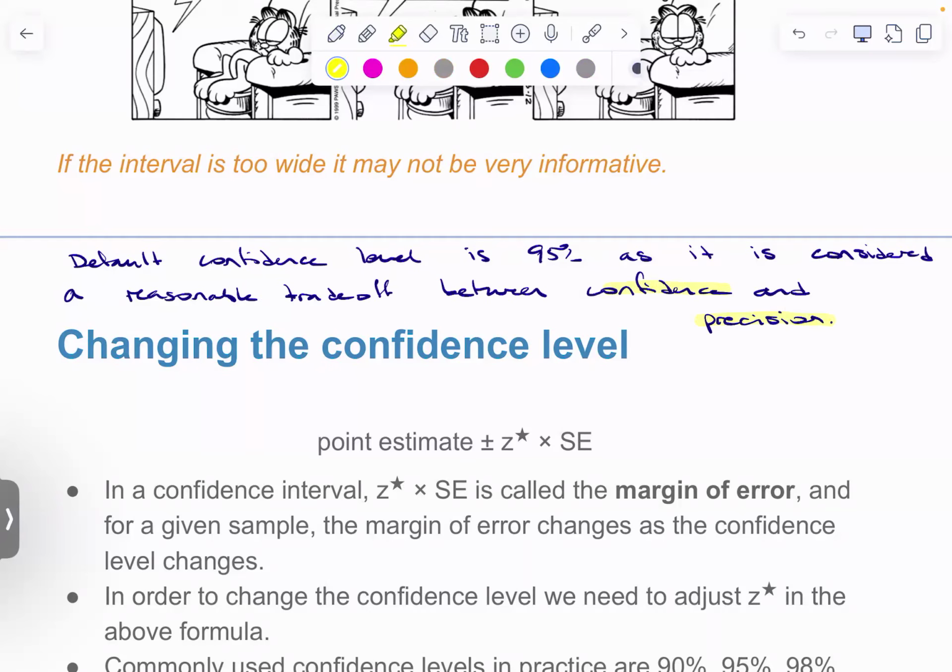So that's the problem with going too wide on your confidence interval.